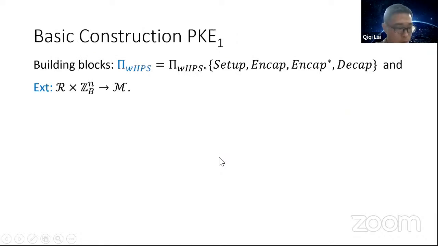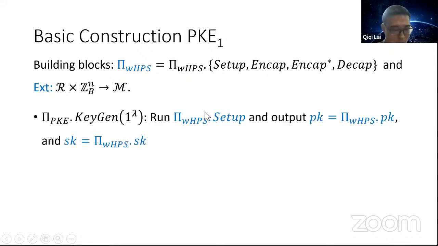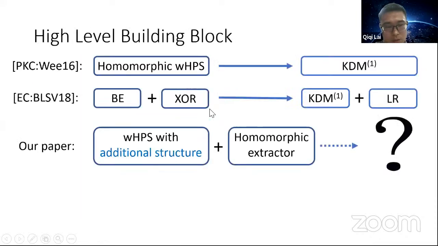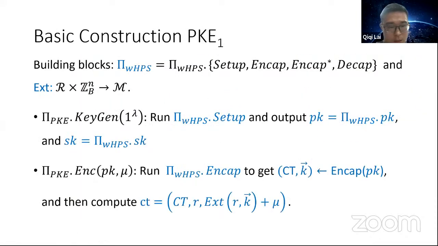In particular, with two building blocks, our basic construction can be described in the following way. First, the key generation algorithm runs the setup algorithm of WHPS. And the encryption algorithm runs the valid encapsulation algorithm of WHPS and computes the ciphertext in this way.